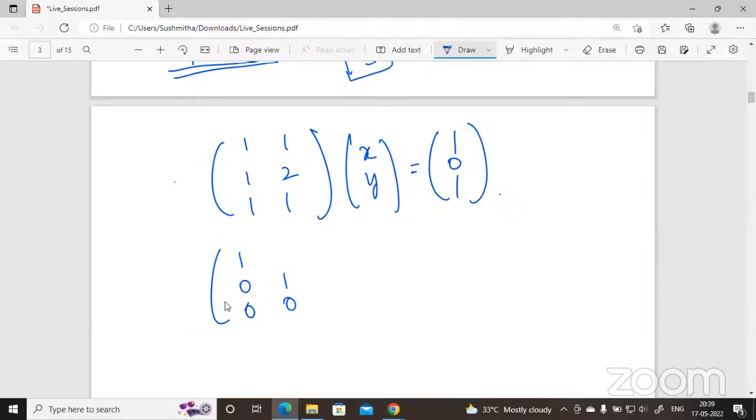Forget the augmented matrix part, the right hand part, but I will get something like this. Oh, okay. I think I need to include this part also. This is going to be 1 minus 1, 2 minus 1 is 1, 0 minus 1 is minus 1, and now I have a 0 row, right? Yes. But still I have a unique solution, right? Yes, ma'am. y is minus 1, x is minus 1 plus 1, 2, right? Yes. So even though you have a 0 row, you still have a unique solution. That's because you have more information than what is needed.